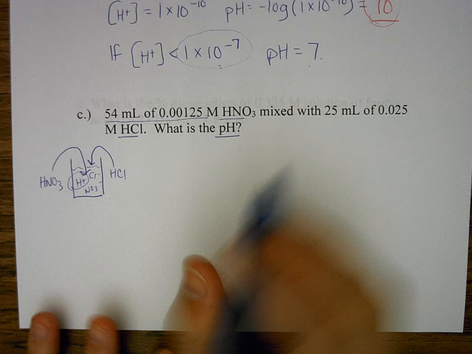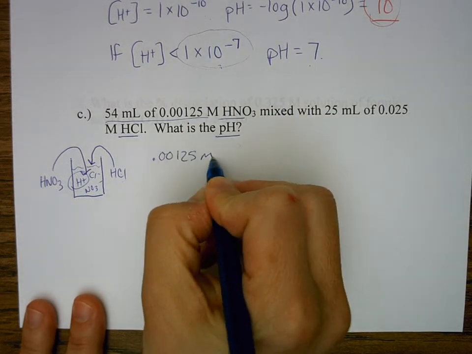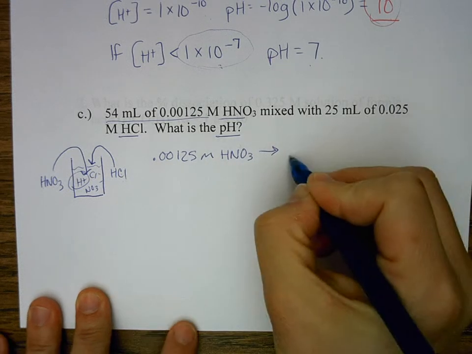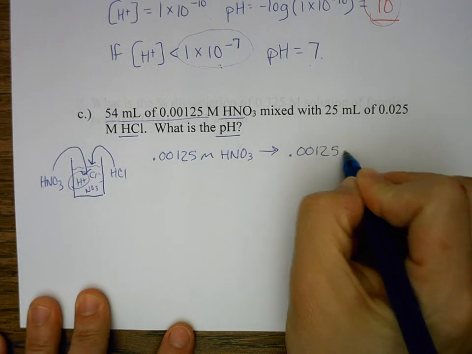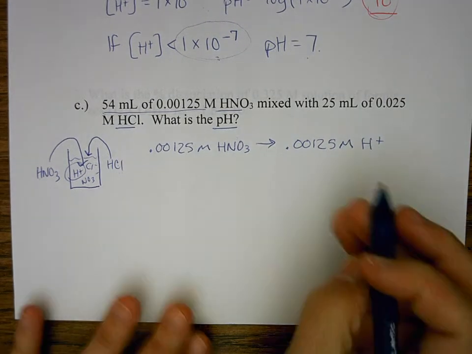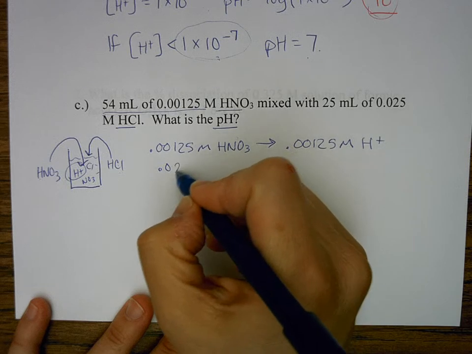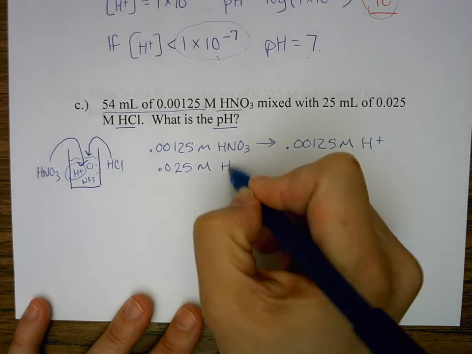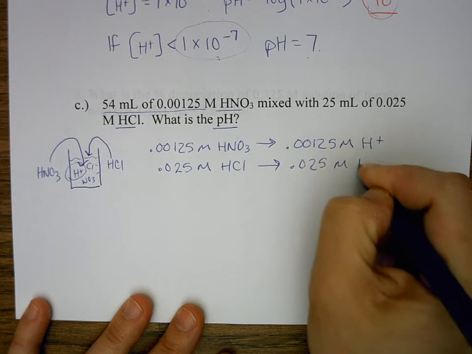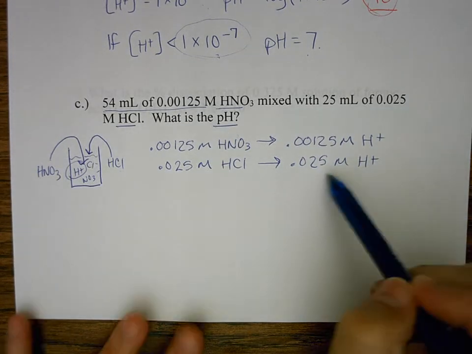So first of all, since these are both strong, if I have 0.00125 molar HNO3, then I have 0.00125 molar hydrogen ions that come from that. And if I have 0.025 molar HCl, then I have 0.025 molar hydrogen ions after it breaks apart.